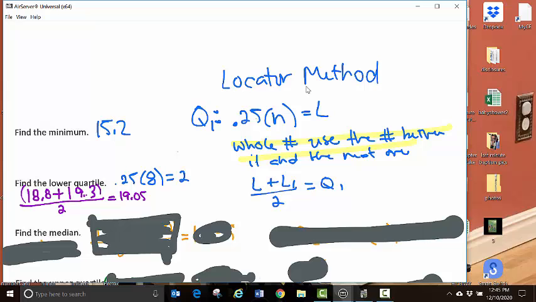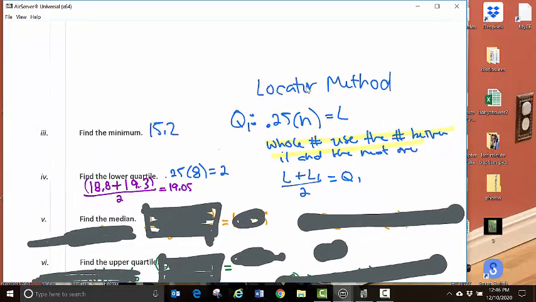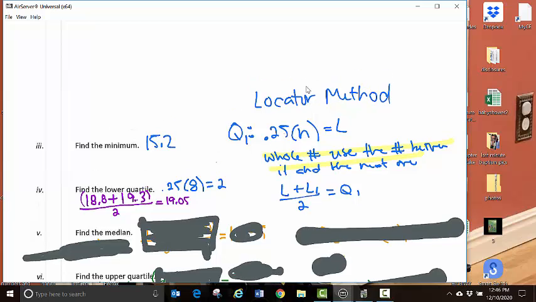It specifically says. All right, so here's how you do it. It says find the lower quartile. Well, I have 8 numbers, right?